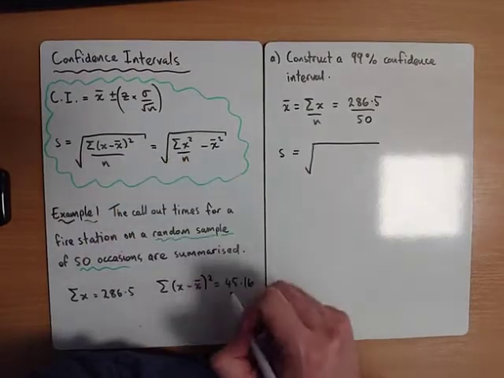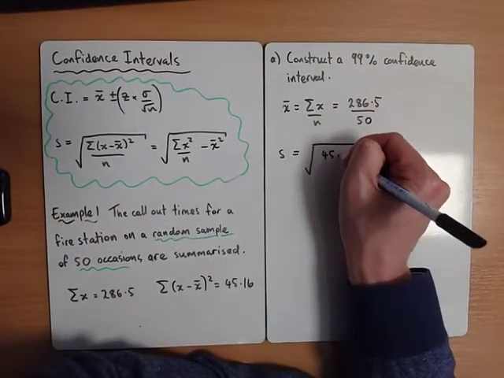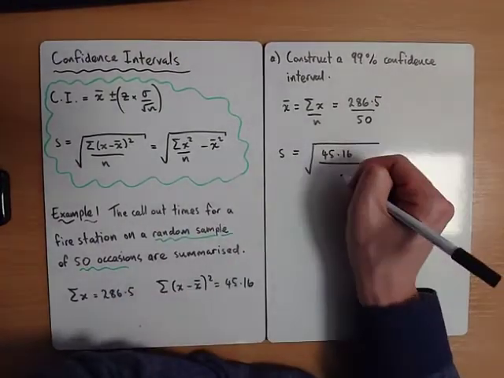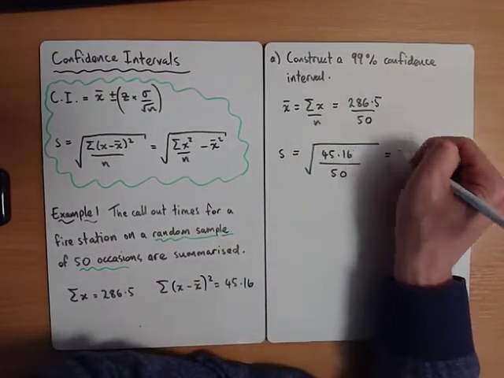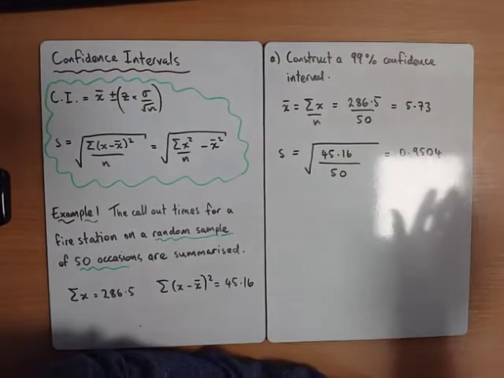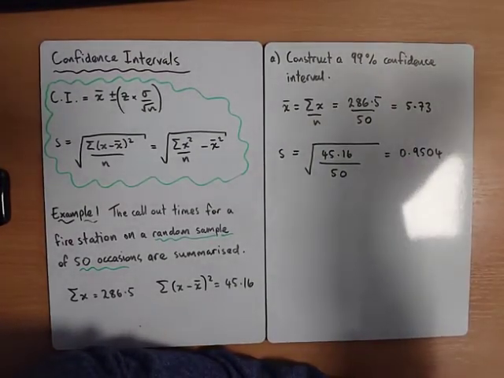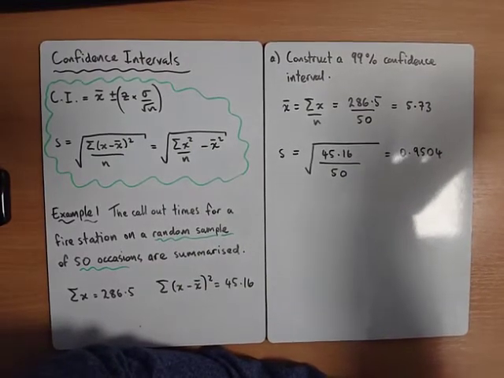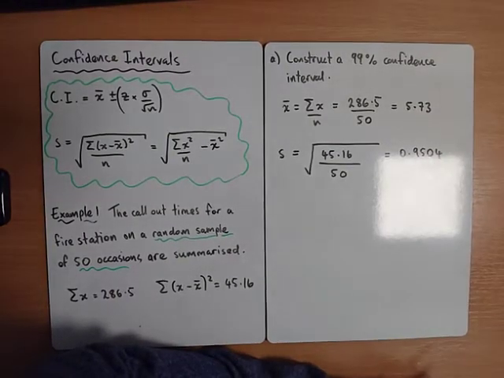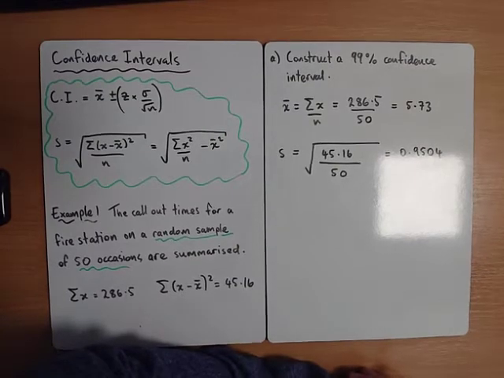The sum of (x minus x bar) squared is 45.16, divided by n, which is 50. I've got 5.73 for the sample mean and 0.9504 for the standard deviation. Notice I'm still maintaining some accuracy in this calculation. You might want to keep at least 4 significant figures.